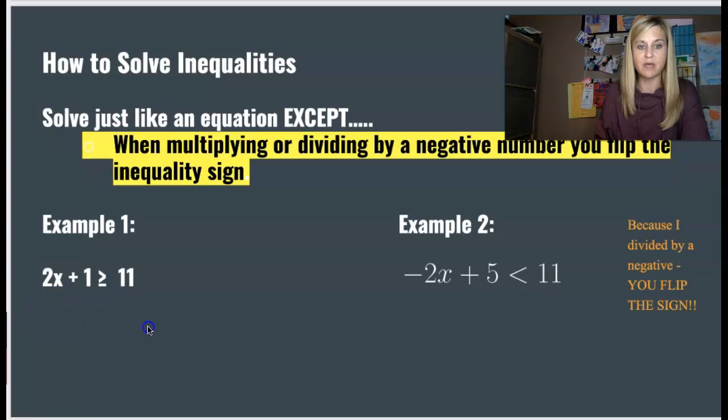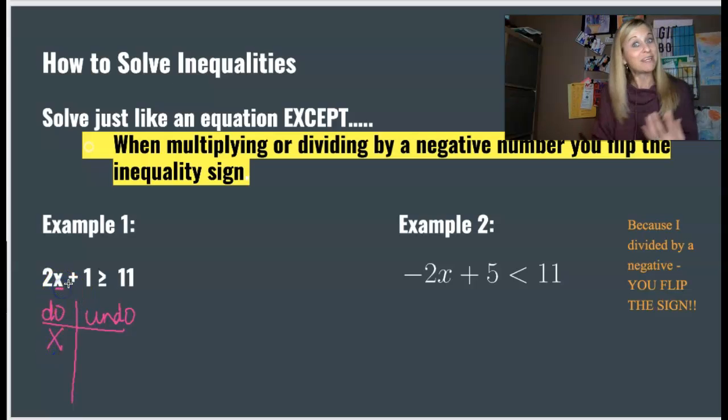So we are going to make our do, undo chart. Start with x, okay? What's happening to x? Well, he's been multiplied by 2, as you can see, and we've added 1.